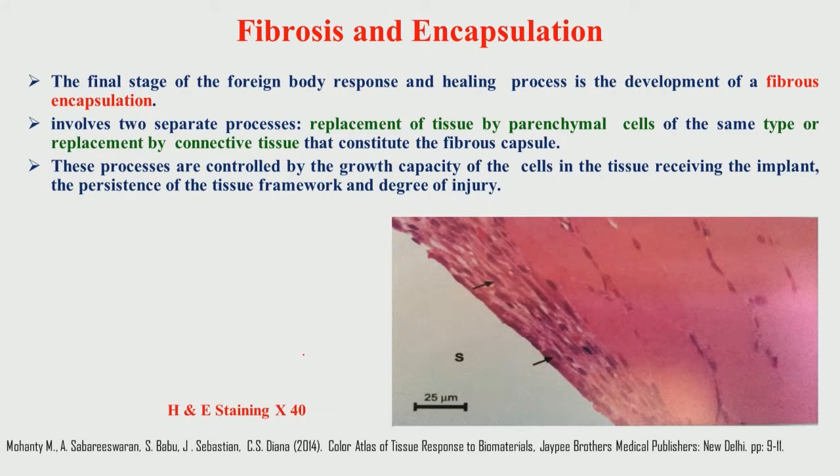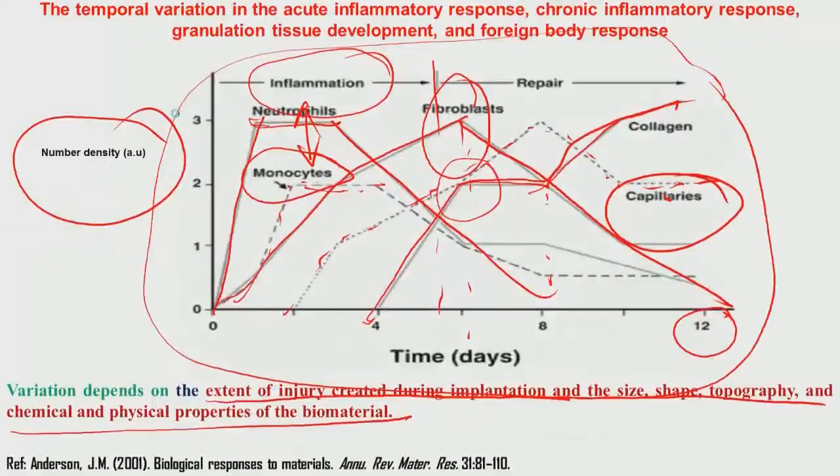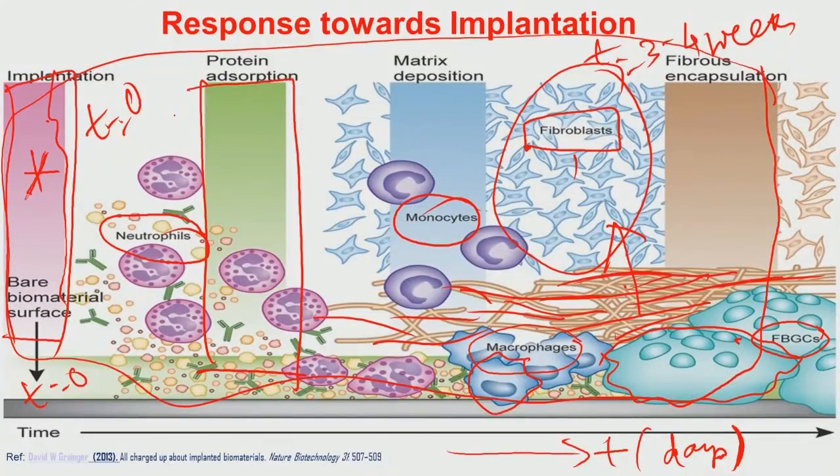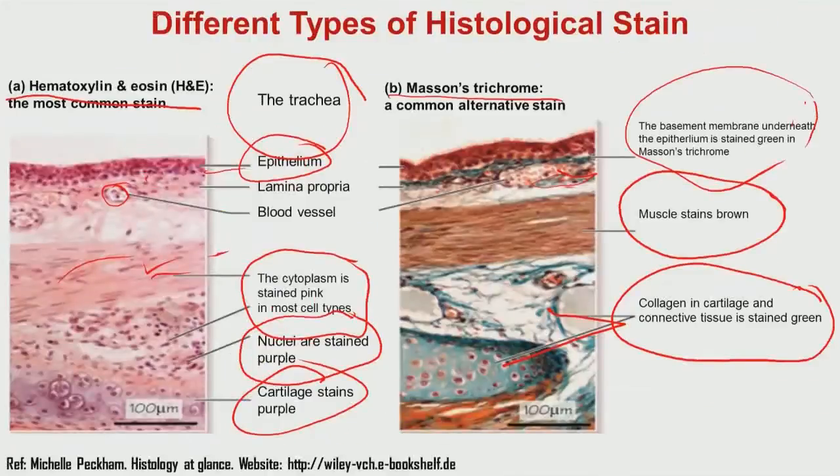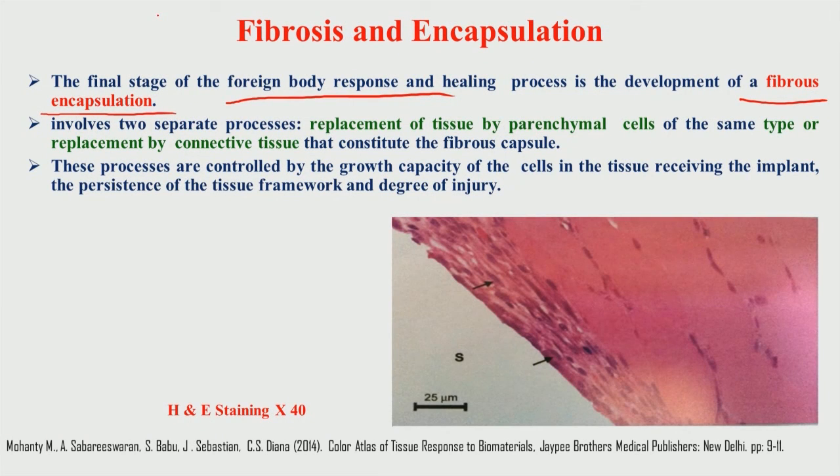The final stage of the foreign body response and the healing process is the development of fibrous encapsulation, and I think I have spent sufficient time on this particular slide to explain what fibrous encapsulation meant and what the events are that finally lead to this particular final biological event. Now, the end stage of fibrous encapsulation also involves foreign body giant cells, and it has been mentioned here that fibrosis and fibrous encapsulation are two separate processes.